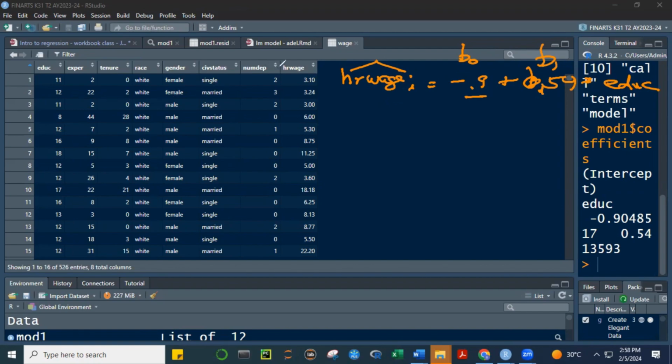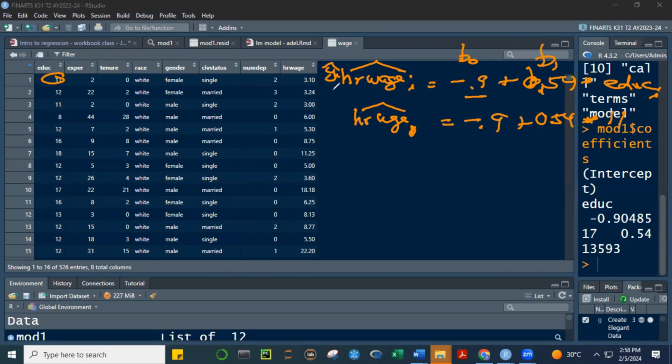Okay, so for example, hourly wage 1. So this is observation number 1 is equal to negative 0.9 plus 0.54 times what's the education of educ sub i? So that's educ sub 1, which is 11. So times 11. Okay, therefore we can compute for the predicted value, y sub i here.